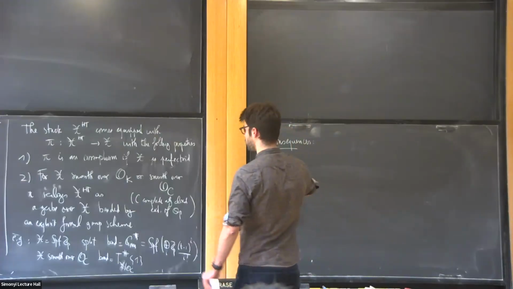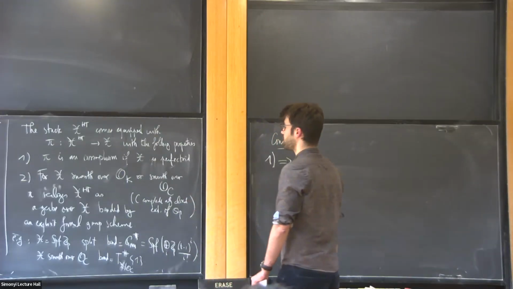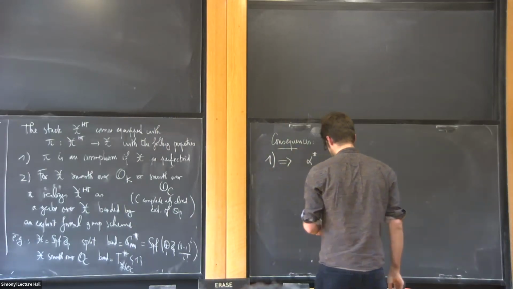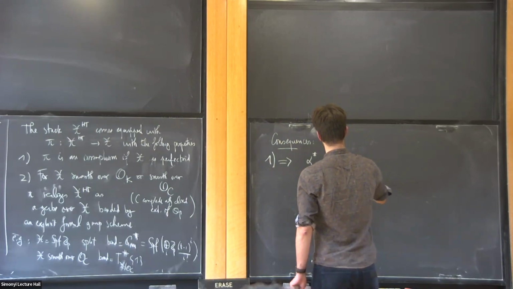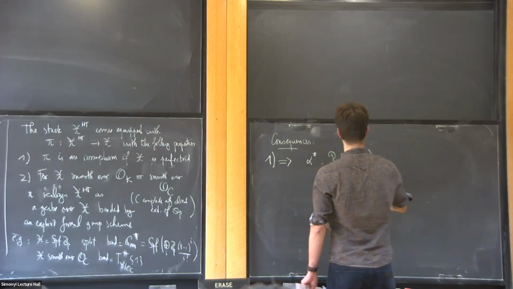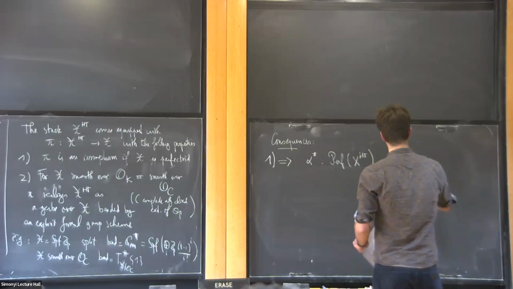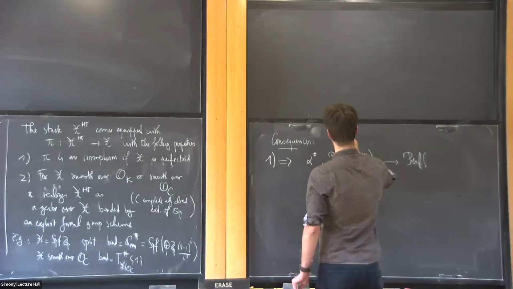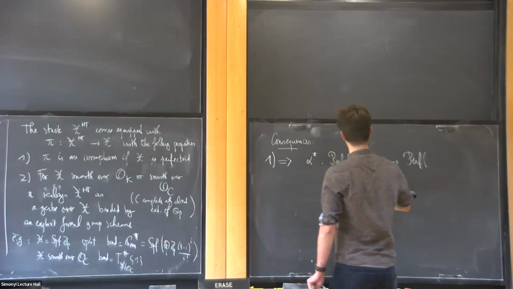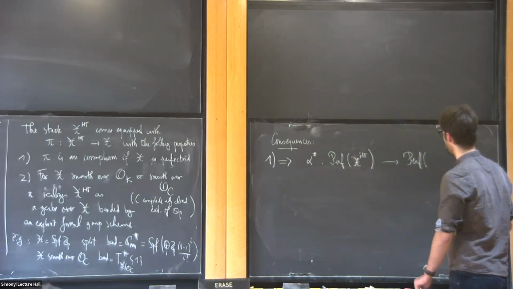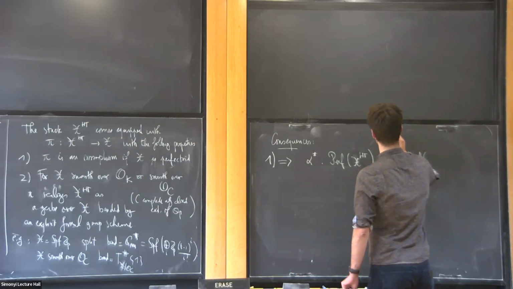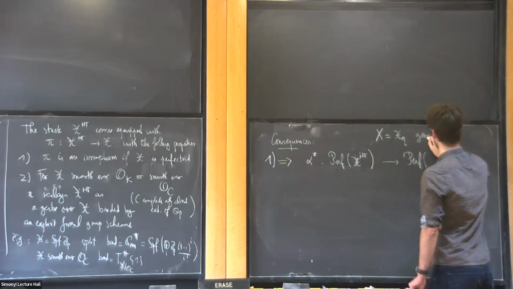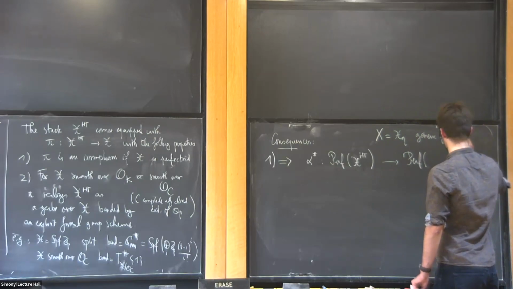Well, the consequence of statement 1 is that you can construct a pullback functor, which I will call alpha upper star, from perfect complexes on the Hodge stack to, let me be careful about my X. So X is my p-adic formal scheme, and I will let X straight be its generic fiber, an analytic space over QP.